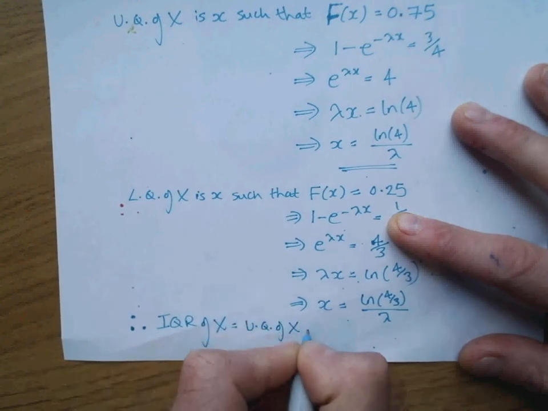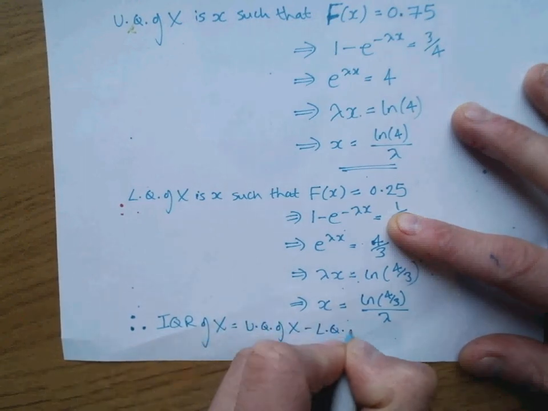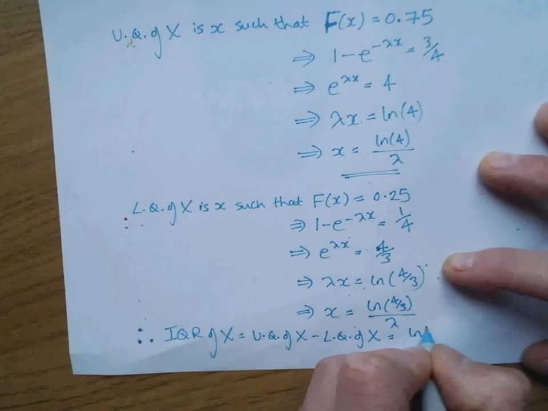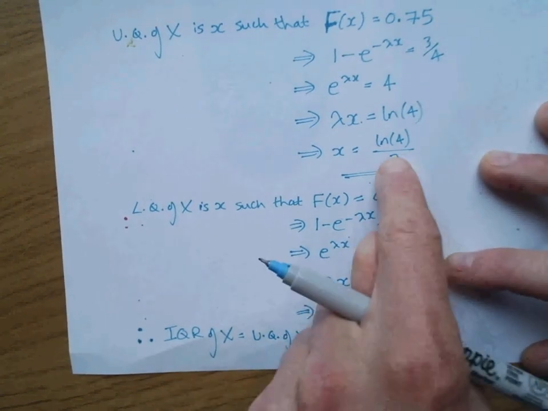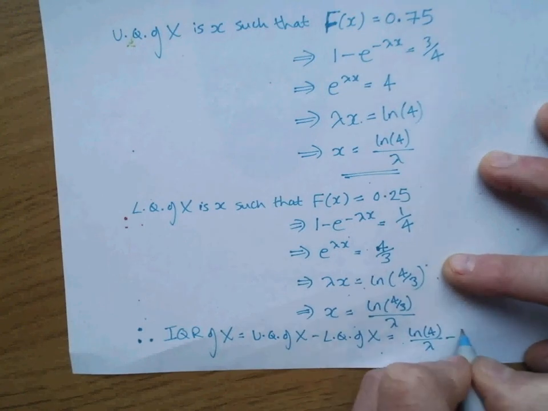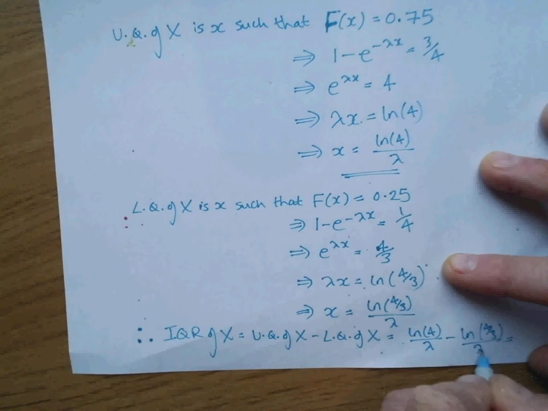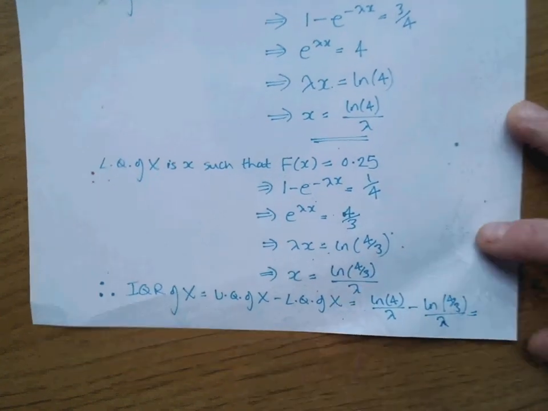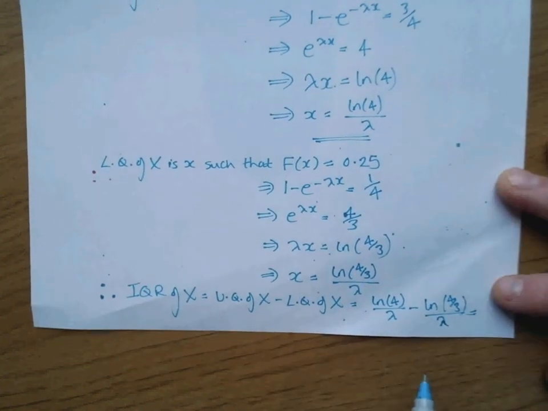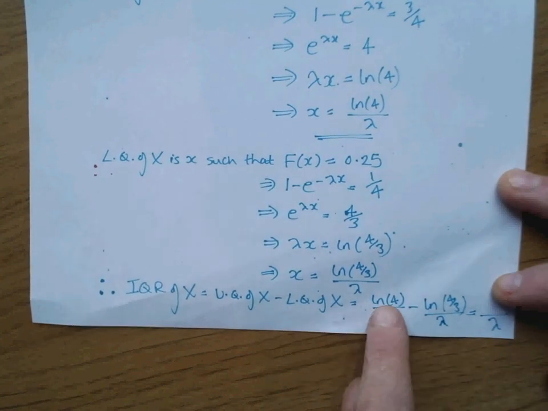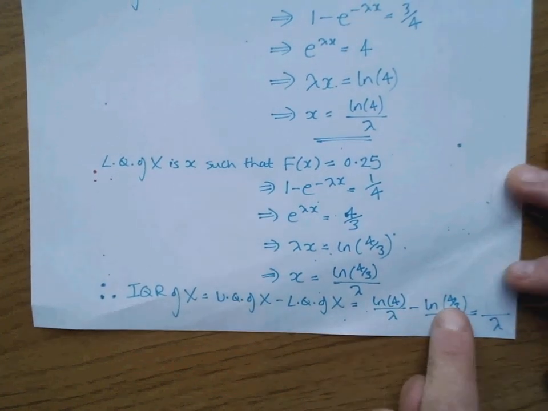So let's just finish off by saying that the interquartile range of x is the upper quartile of x minus the lower quartile of x, which is our ln of 4 over lambda from earlier, minus our ln of 4/3 over lambda that we've just arrived at.